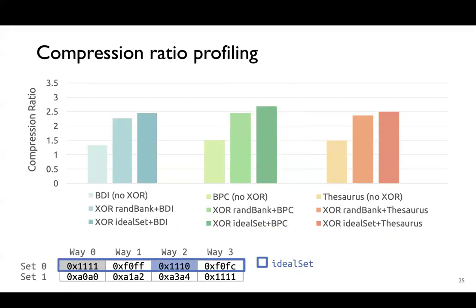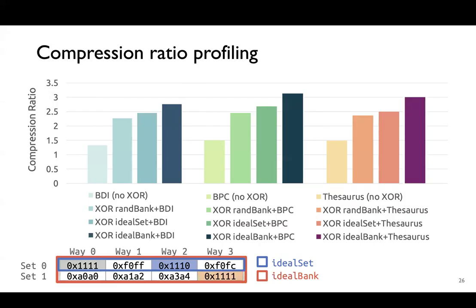So with this insight, we consider a pretty ideal configuration where we allow the XOR cache to search for the best candidates for a line within its set, which we call ideal set. With this configuration, our compression ratio improves from the previous random XORing configuration.